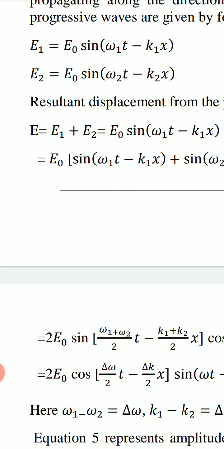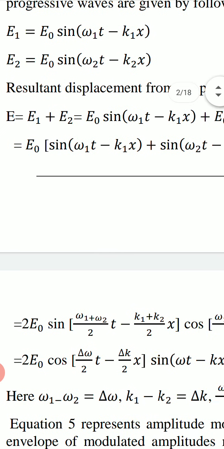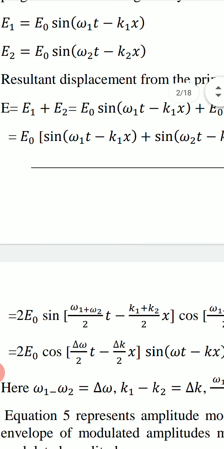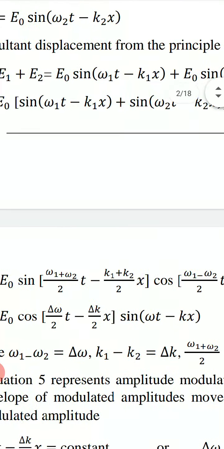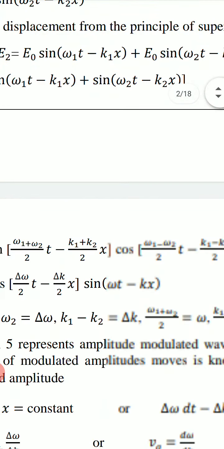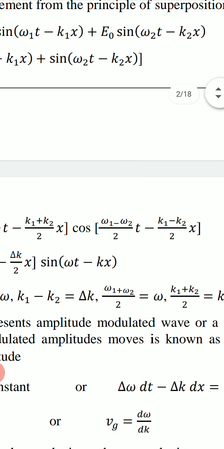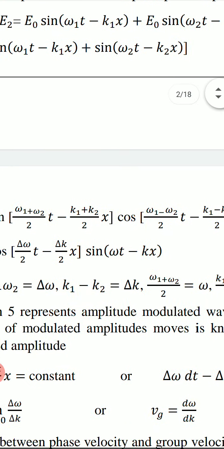Now the term inside the bracket, we write it as 2 sin((omega 1 plus omega 2)/2 t minus (k1 plus k2)/2 x) cos((omega 1 minus omega 2)/2 t minus (k1 minus k2)/2 x).